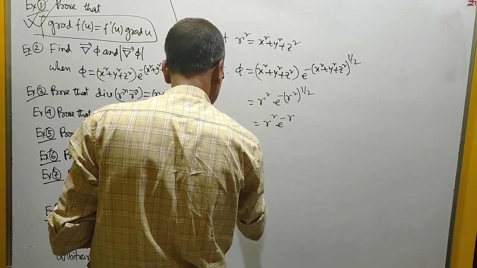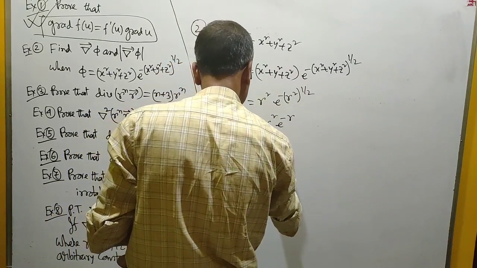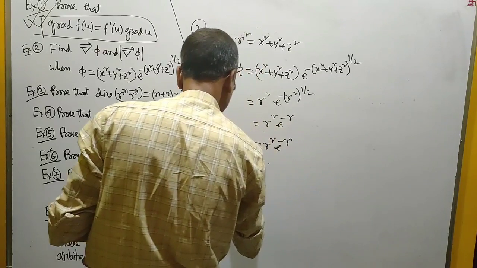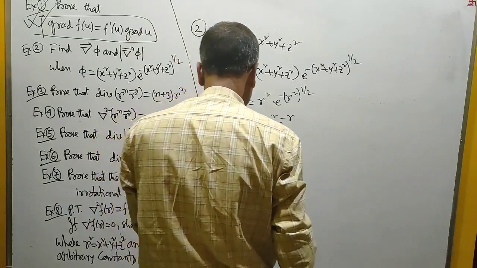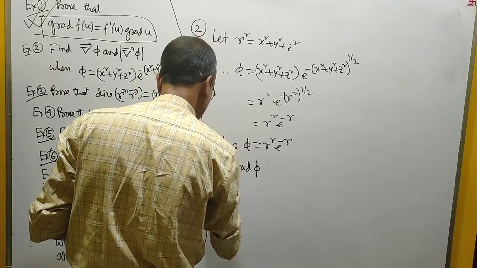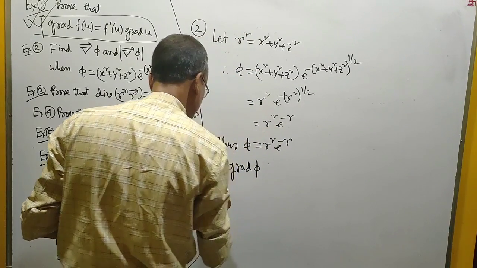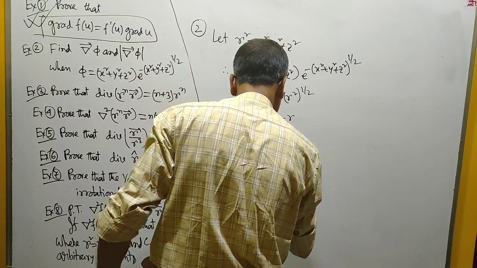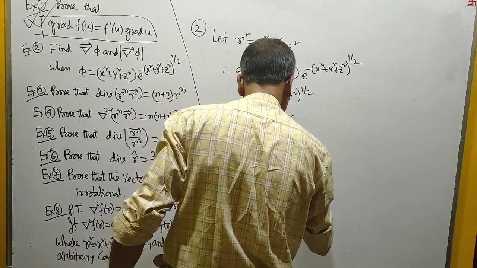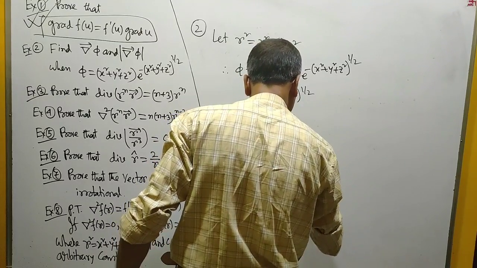Thus, phi equals r² e to the power minus r. Gradient of phi, the nabla phi, is equal to gradient of r² e to the power minus r.